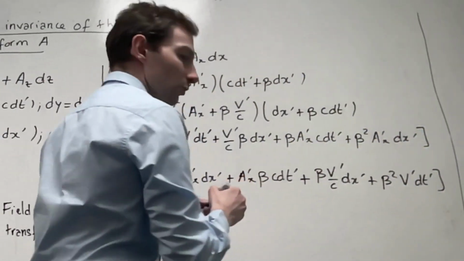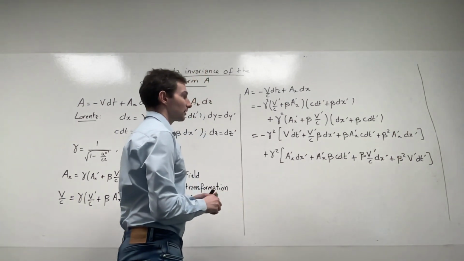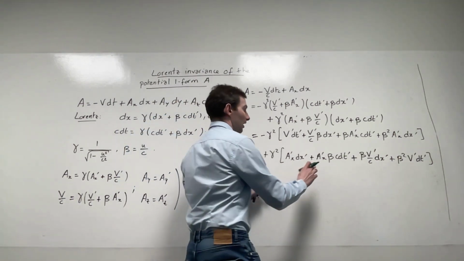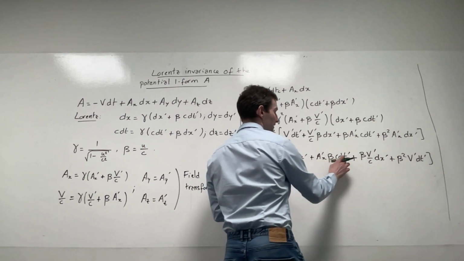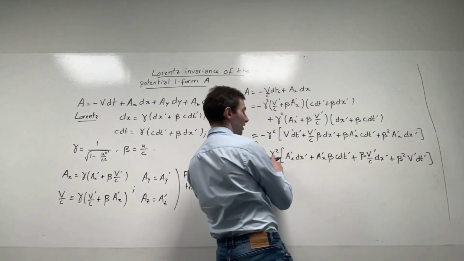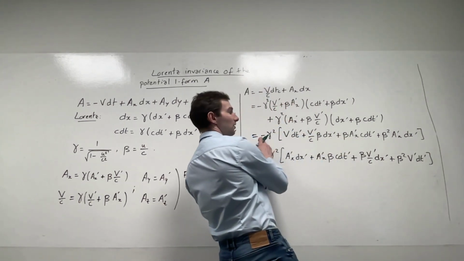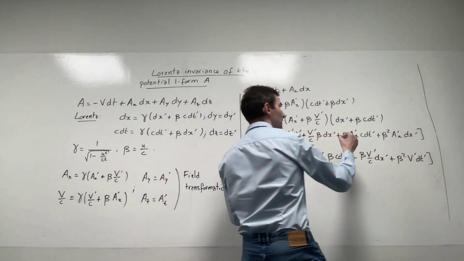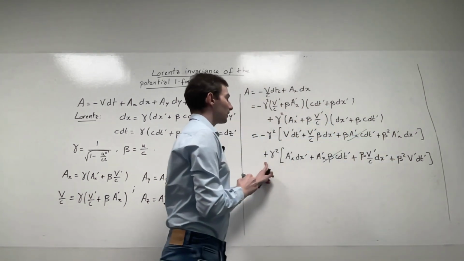Okay, so what we can see here is basically what are the terms that are going to be identical. And I've got these product terms, right? So a prime x beta c dt prime with a plus and a gamma squared here. And here I've got the same, but with a minus there. So actually this guy is going to cancel out with this one, okay?